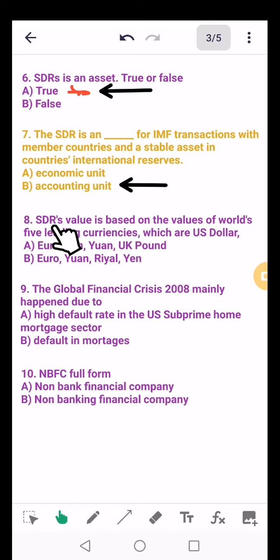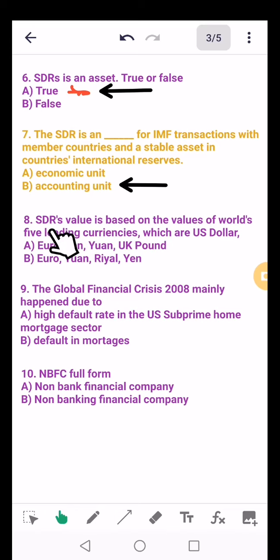Next, special drawing rights value is based on the values of world's 5 leading currencies, which are US dollar, and you have to name the four other currencies. They have told one of the currencies is US dollar, and they're asking you to say which are the other 4.